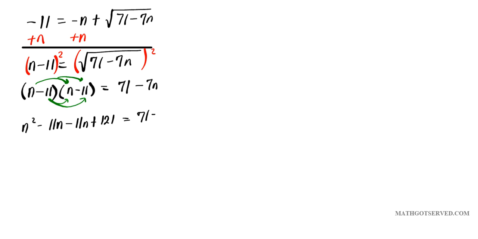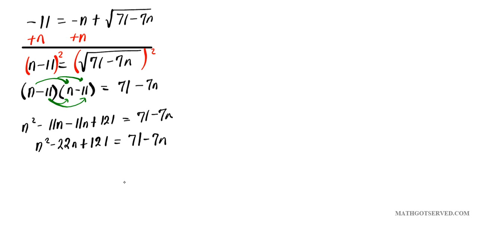Okay, that equals 71 minus 7n. All right, so let's simplify further. We have minus 11n minus 11n is minus 22n. So n squared minus 22n plus 121 is equal to 71 minus 7n. All right, the left side has been simplified.